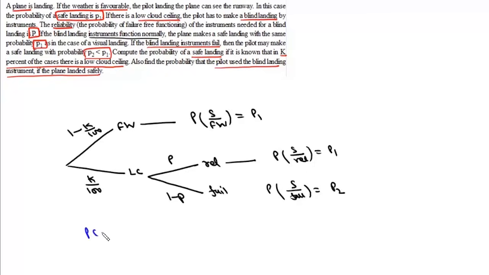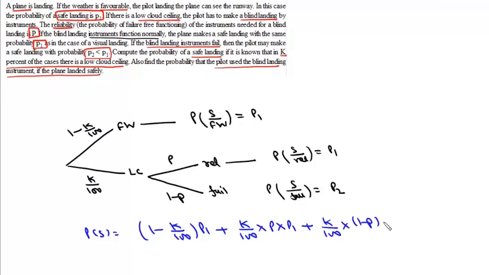Now the probability of safe landing will depend on these conditions. So this probability will be (1 minus K by 100) into P1, plus K by 100 into P into P1, and plus K by 100 into (1 minus P) into P2.